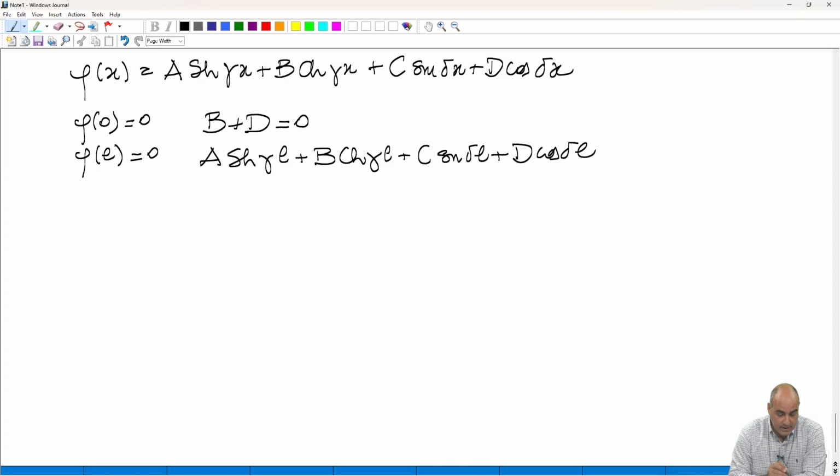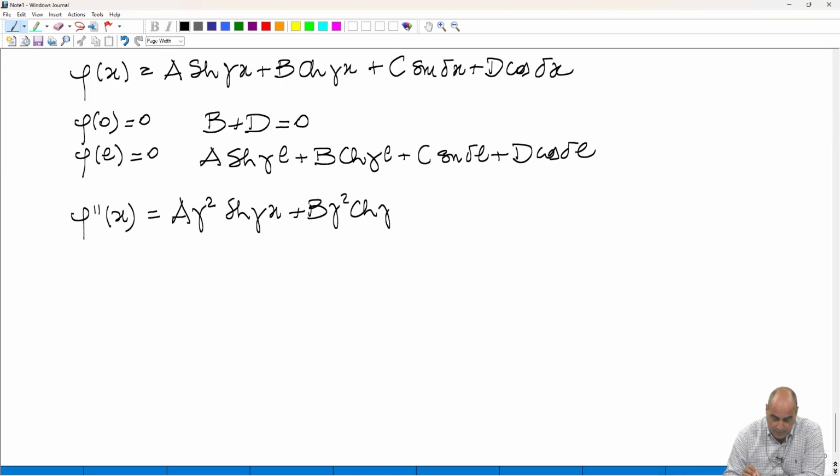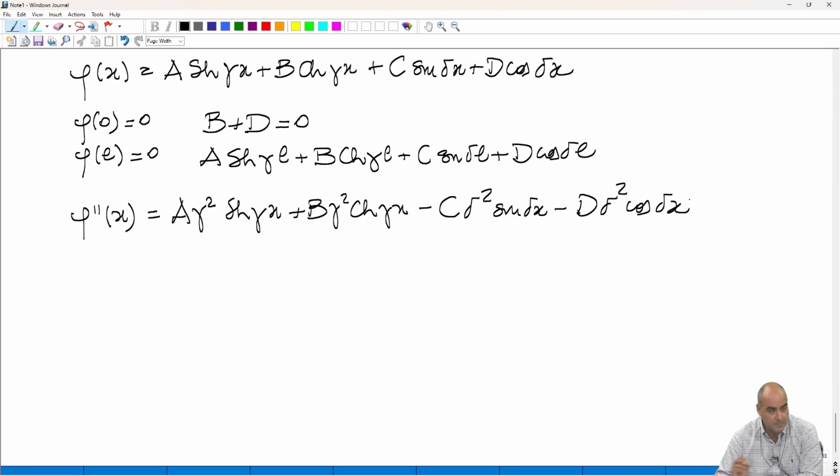Okay, that's fine. Now the other two boundary conditions are on the second derivative. So first of all, I have to calculate the second derivative, which is A gamma square hyperbolic sinus, plus B gamma square hyperbolic cosinus, minus C delta square sinus, minus D delta square cosinus. Because the hyperbolic functions keep repeating in the derivative but do not change sign.